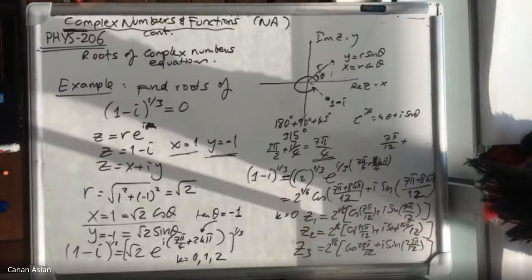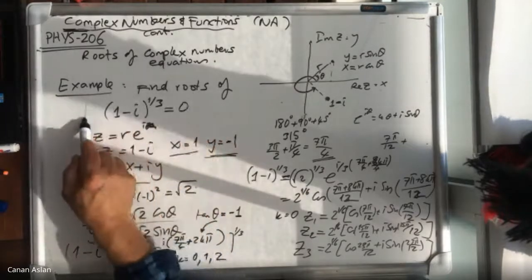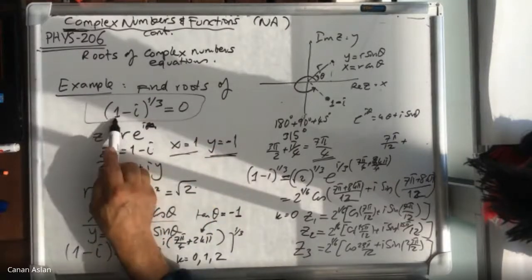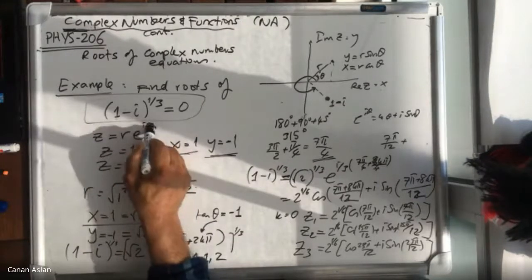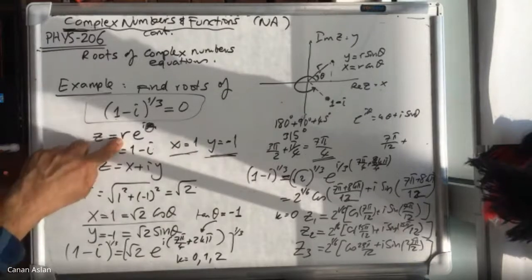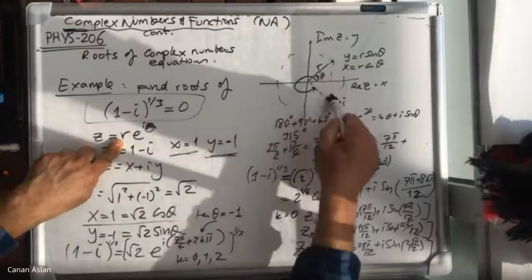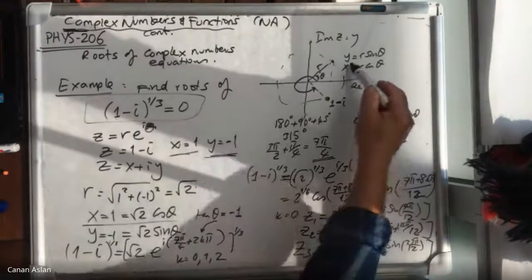For those of you who can relate a little bit, we are trying to find the roots of this equation. So this is just a complex number. If the complex number is written like that, we can get r, which is the radius of this circle, which is the magnitude, and then the angle part is obtained from here.